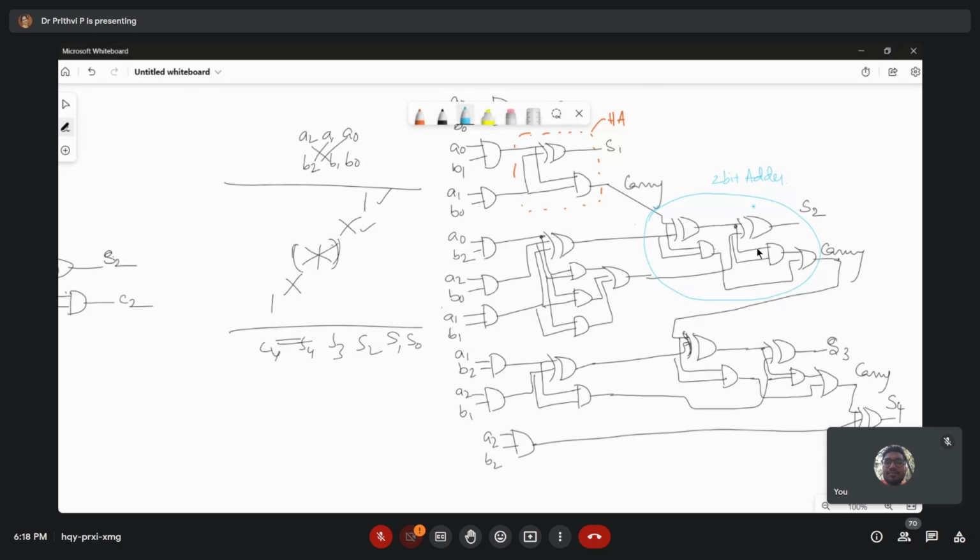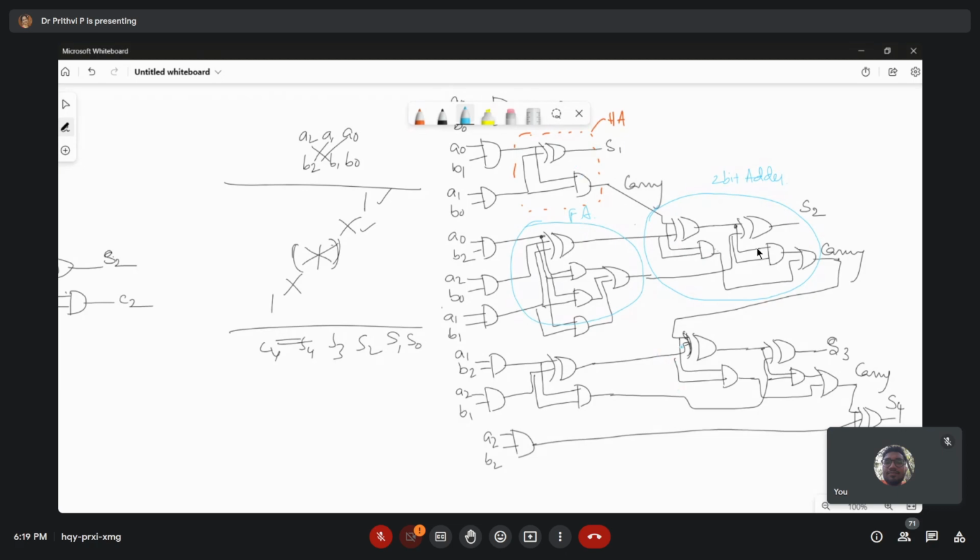But this is just adding the 2-bit inputs. So we are not saying this is a full adder, but we are using a half adder to add 2 bits coming from the previous stage and the in place bit addition. Now this becomes full addition. This is one full adder and this is one half adder you are having.